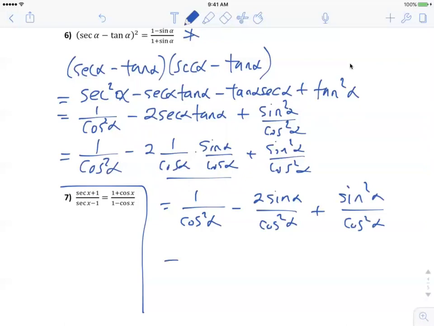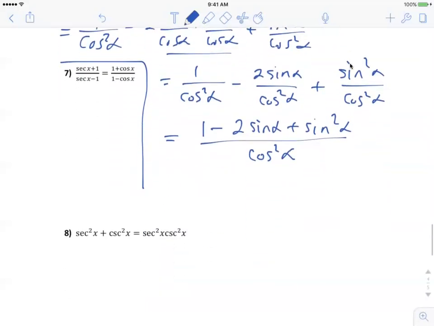Okay. Now I can combine it all as the one fraction. And that feels like we're getting somewhere. I guess this is going to take the whole page. So I didn't leave enough room, but that's okay.